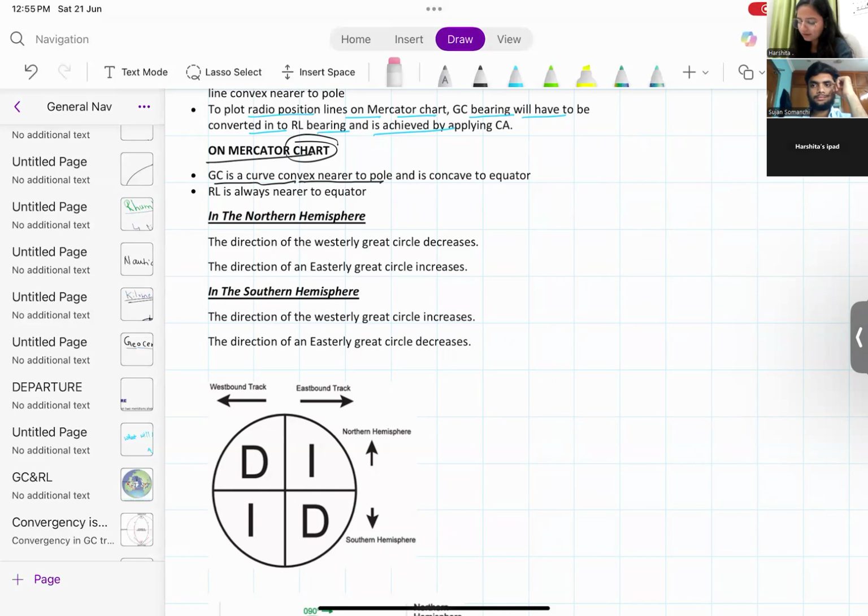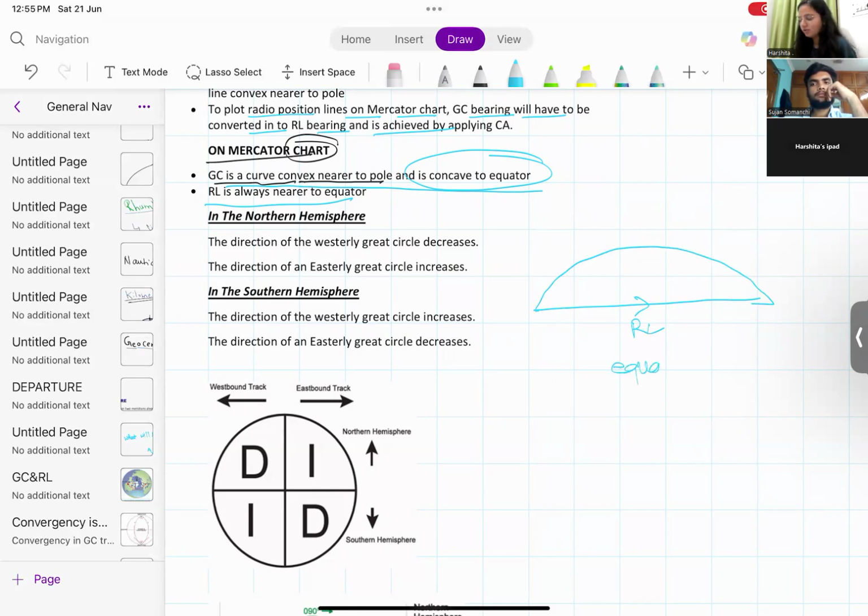Whatever the line is saying, this is saying correct only. Great circle is a curve, convex near to pole and concave towards the equator. Rhumb line is always nearer to equator. That's why we draw rhumb line below and great circle above.